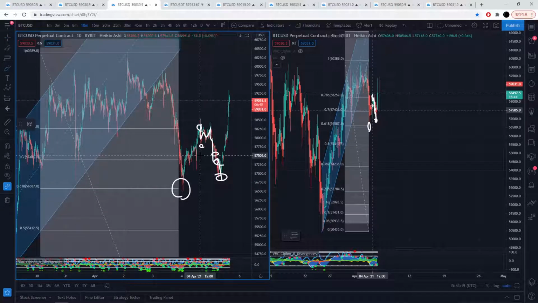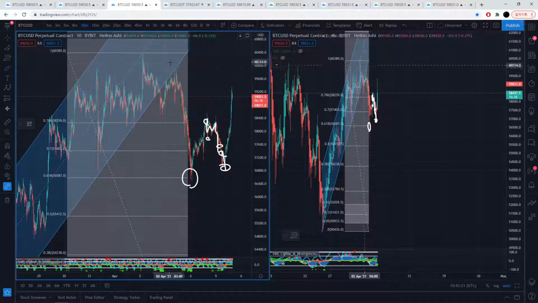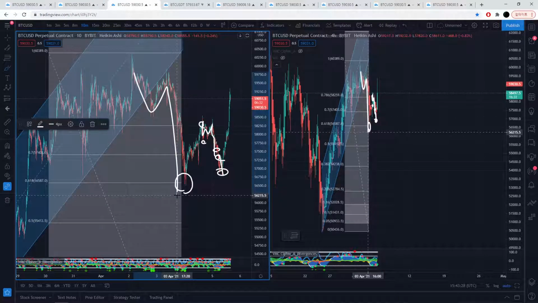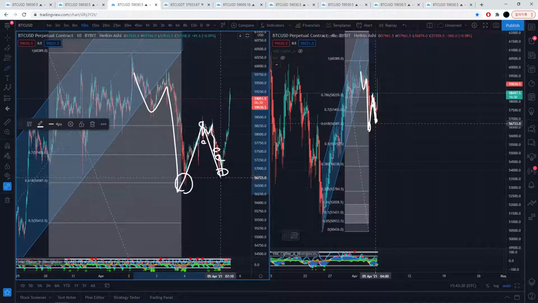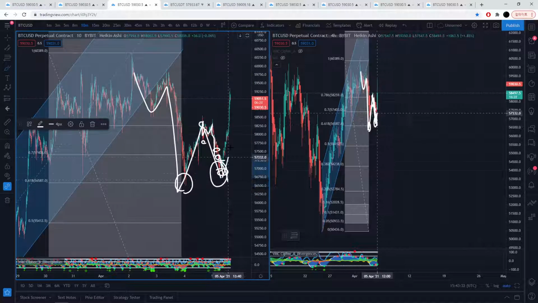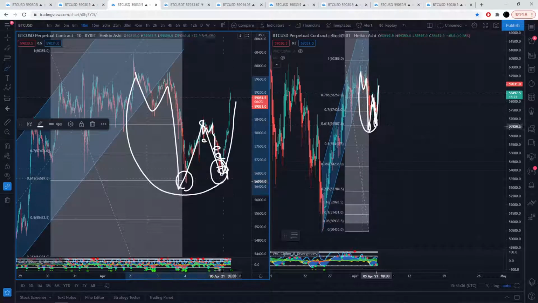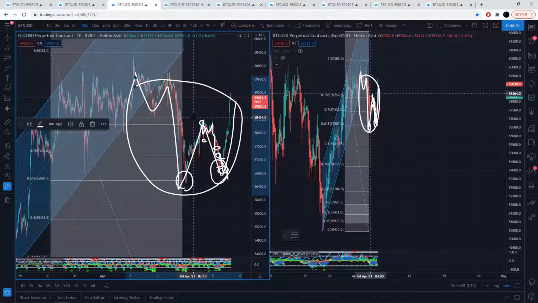Right now it might be hard for you to see, but if you start counting like I did, you would have realized that another flat is coming. So that was 3-3-5, 3, 3, and you should be expecting a 5 here. That is just a regular correction pattern.